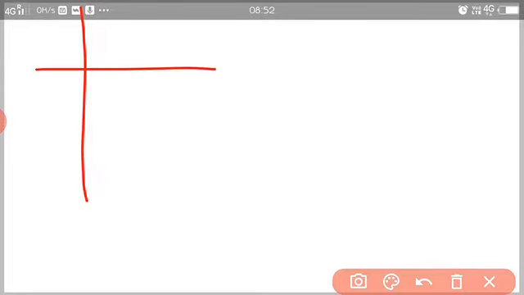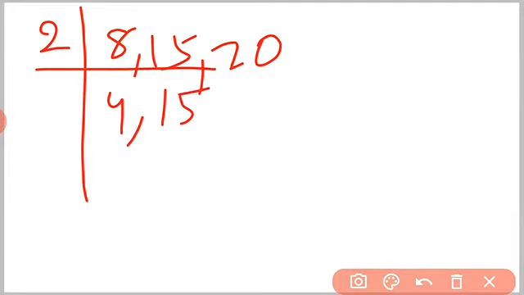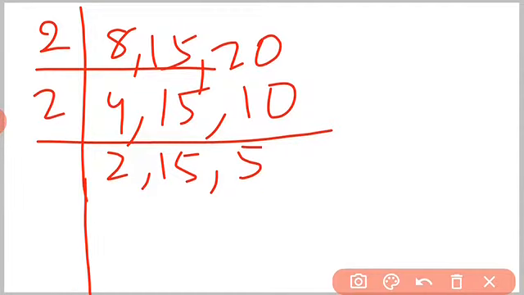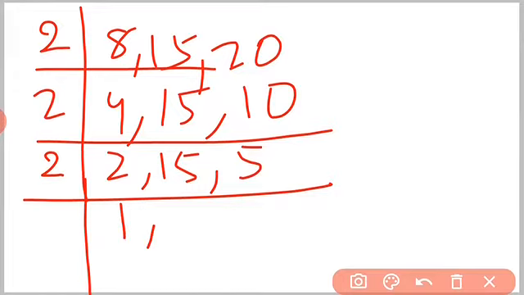How do we find the LCM of 8, 15, 20? Let's take the prime number 2. 2 fours are 8, 15 will remain as it is since it is not divisible by 2, and 20 becomes 10. Again 2: 2 twos are 4, 15 remains as it is, 2 fives are 10. Next is 2: 2 ones are 2, 15 and 5 remain the same.